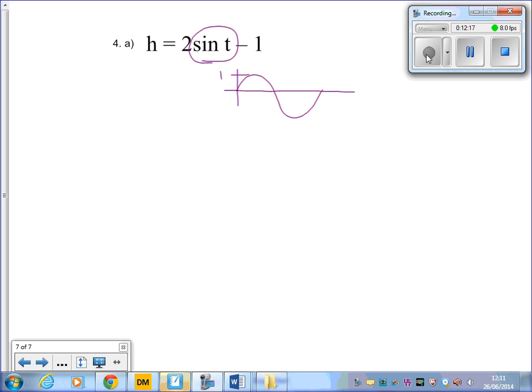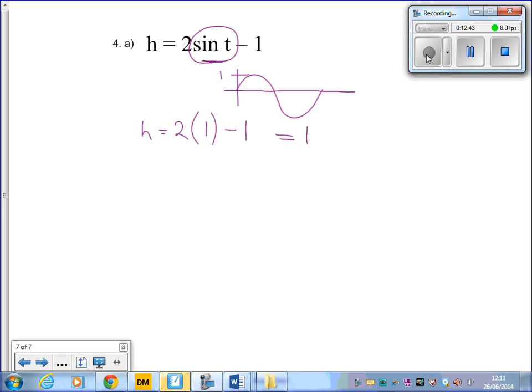So for h to be a maximum, sine t needs to be at its maximum. So h equals 2, and I can replace the sine t by its maximum value of 1, take away 1. My h is 2 take away 1, 1. So the maximum value is 1.